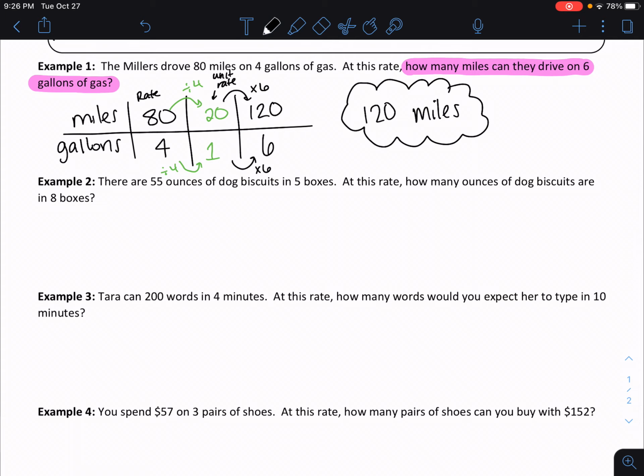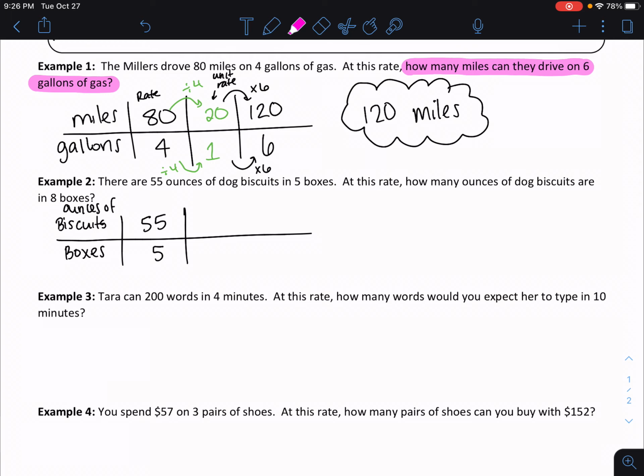So the next one says there are 55 ounces of dog biscuits in 5 boxes. So I've got ounces of biscuits, sorry. And boxes. And I've got 55 ounces in 5 boxes. And it says, at this rate, how many ounces of dog biscuits are in 8 boxes?